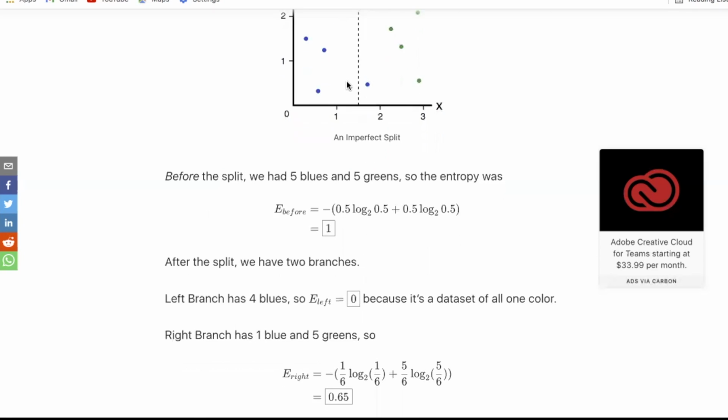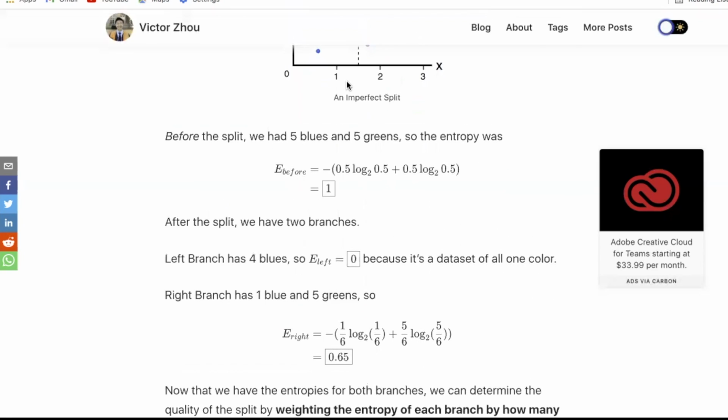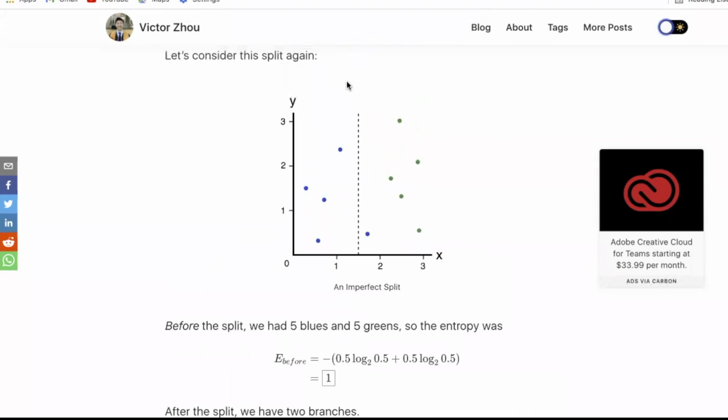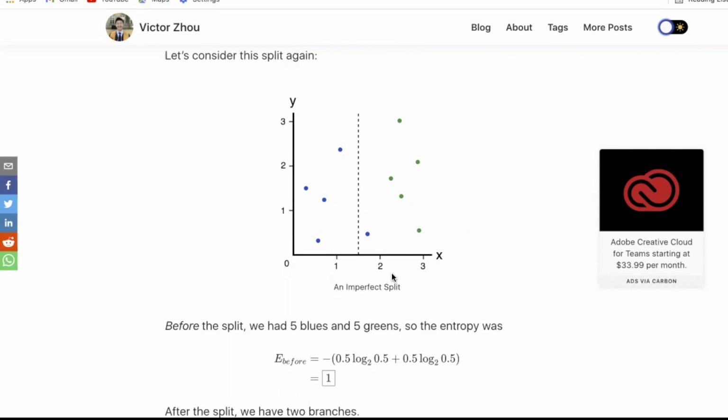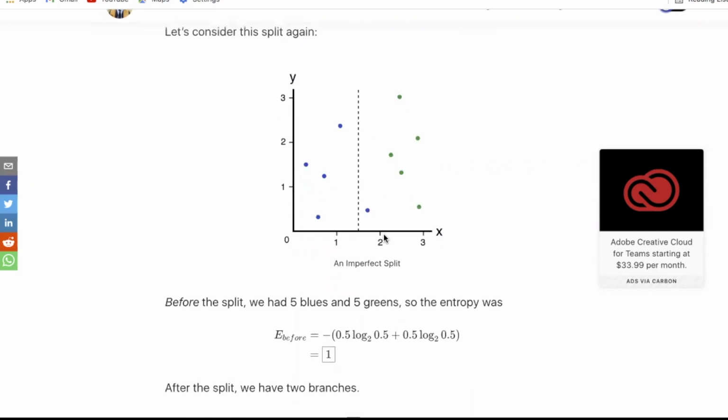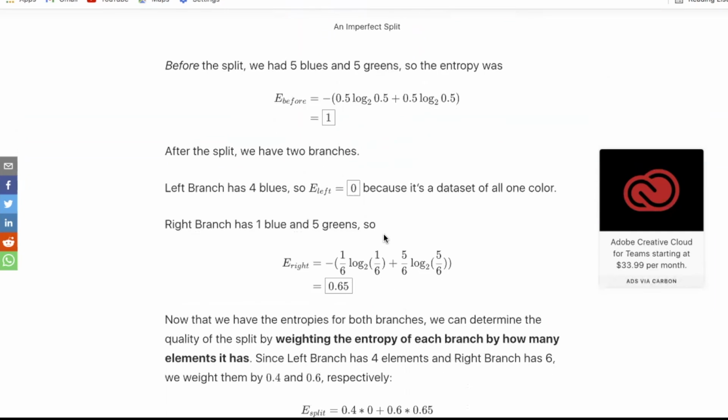Now moving on to the right branch, here there are a total of 6 balls. Out of that, 1 blue is there, and the remaining 5 are green balls. In this case, the entropy is 0.65.